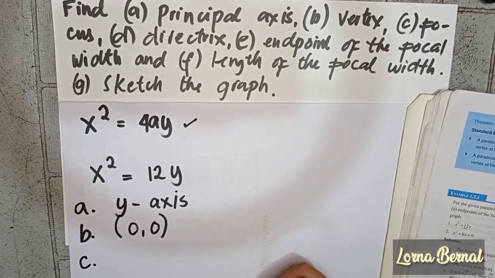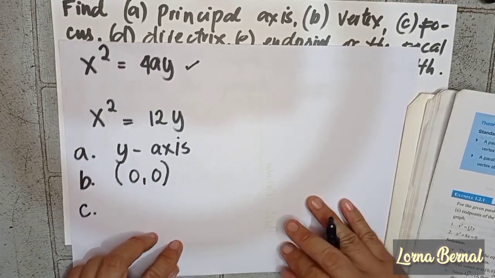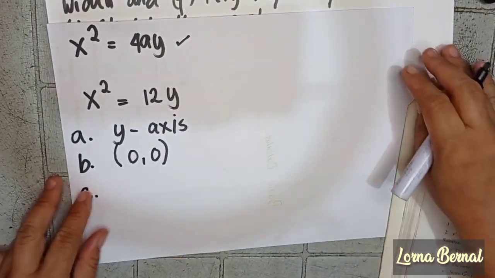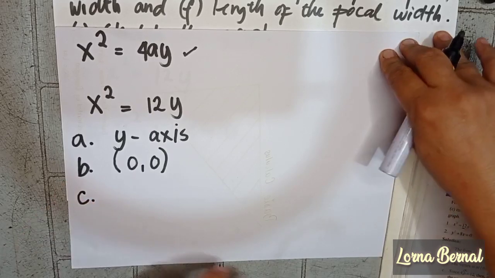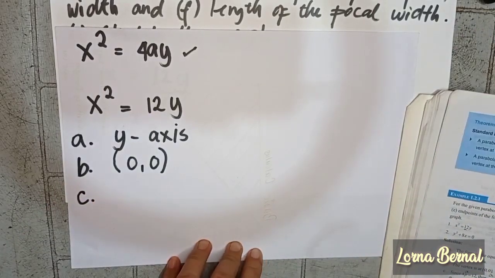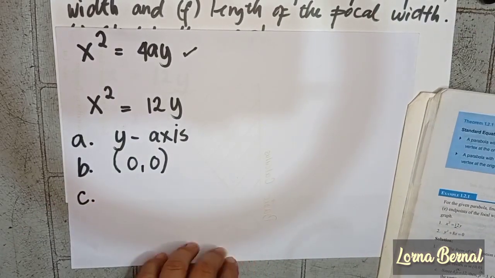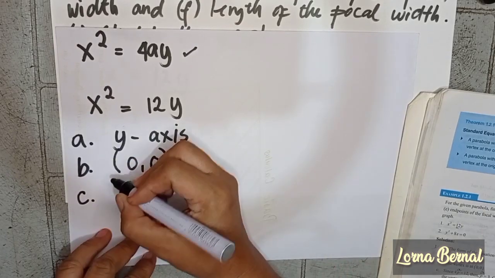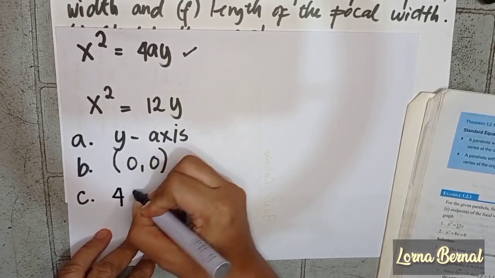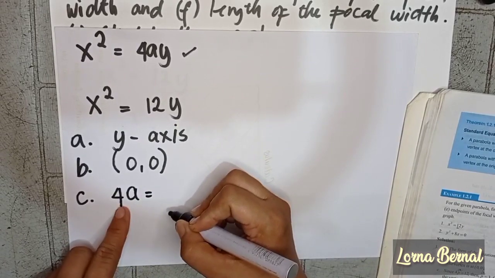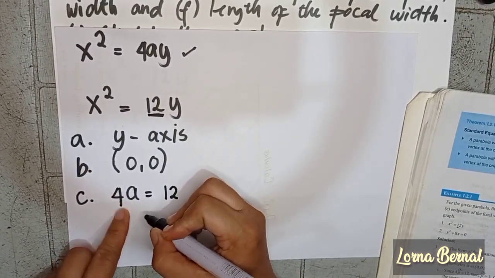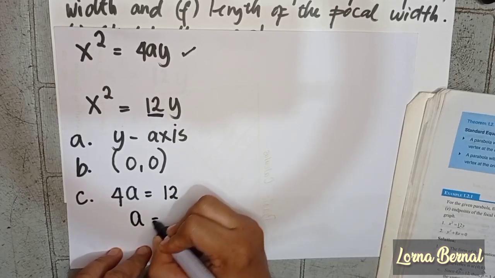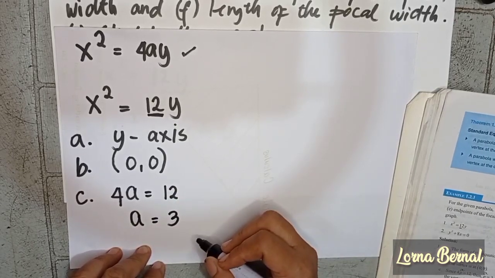Letter C, what would be our focus? So the focus is with the equation 4a, which is equal to 12. Therefore, a will be equal to 3.